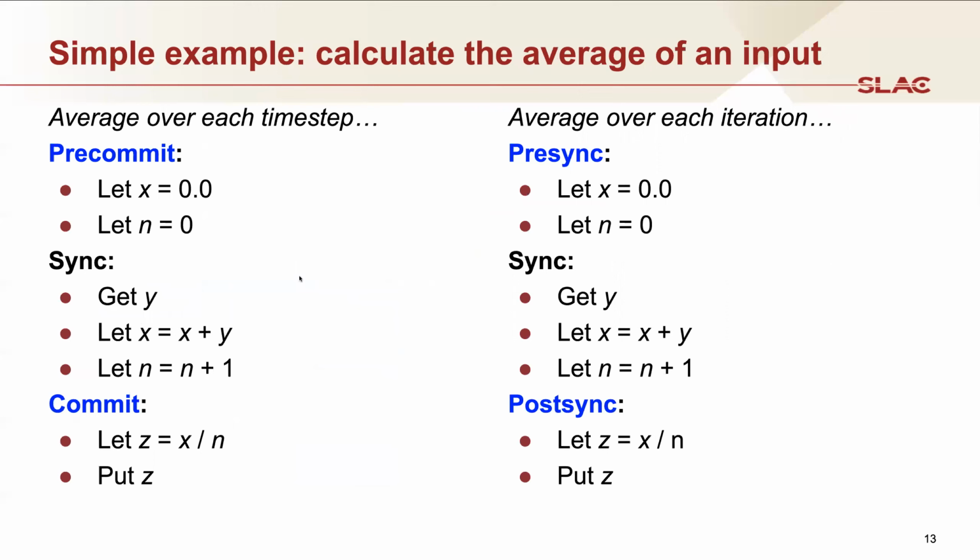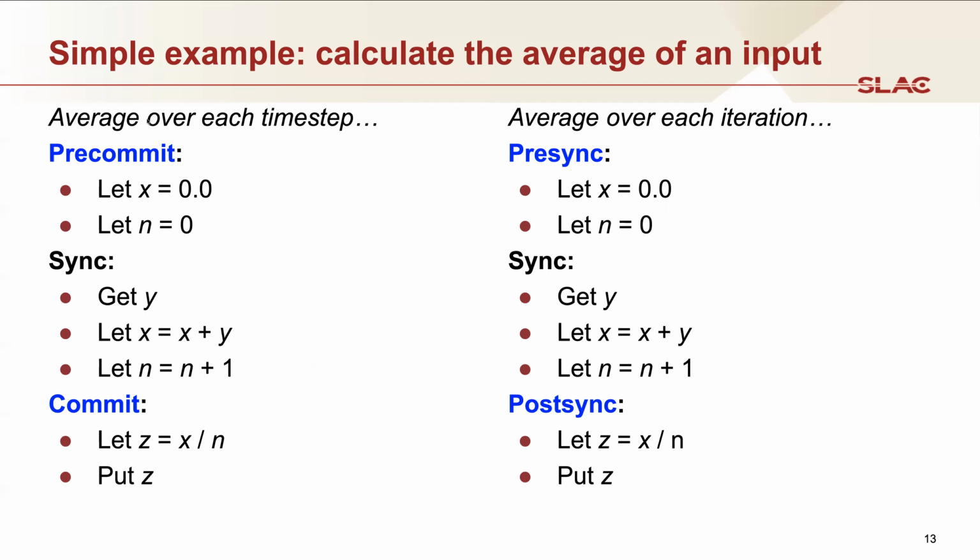So let's look at a simple example. Let's suppose that we want to calculate the average of some input value. This average can be calculated either once per time step or once per iteration.